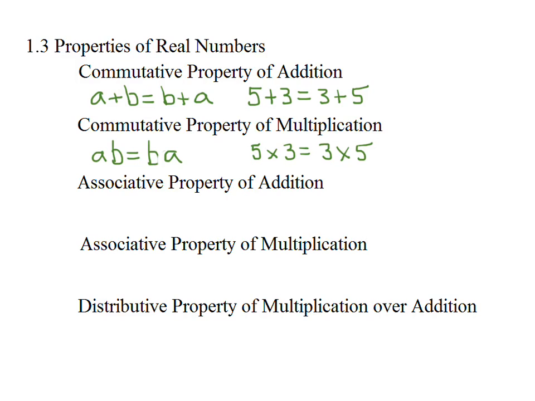You end up with 12 both ways, but the meaning is slightly different. So numerically these things commute, but remember that there might be a meaning with the units that are involved that have a slightly different meaning, even though you may end up with the same numerical result.